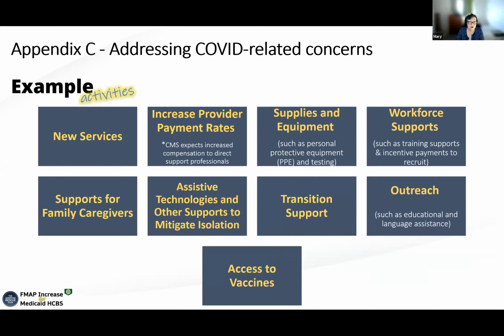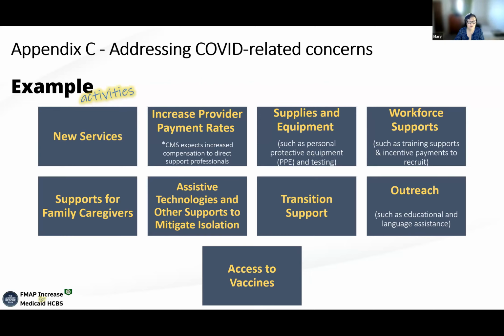Other activities are listed on these slides and include buying supplies and equipment such as PPEs and paying for testing, workforce supports such as training, providing incentive payments to recruit people, because as we know during this time, there is a challenge to hiring people and really making sure that we have adequate staffing.